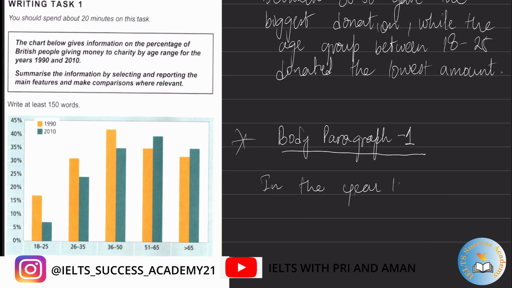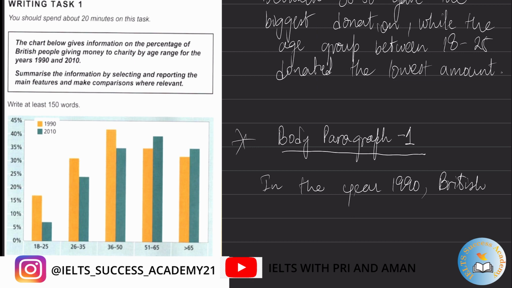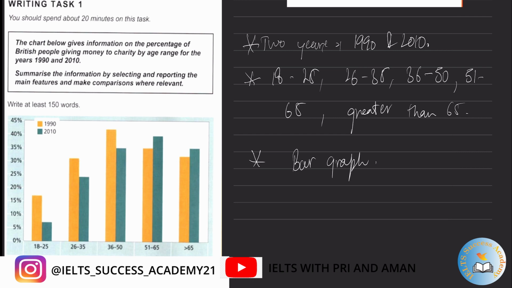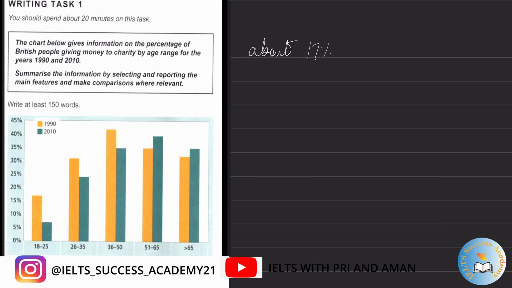In the year 1990, British citizens belonging to the age group 18 to 25 donated about 17%.